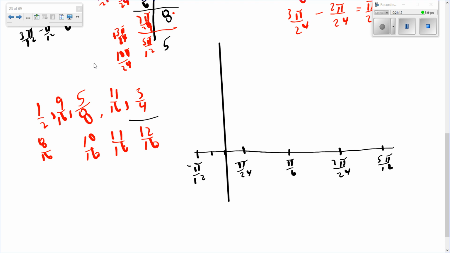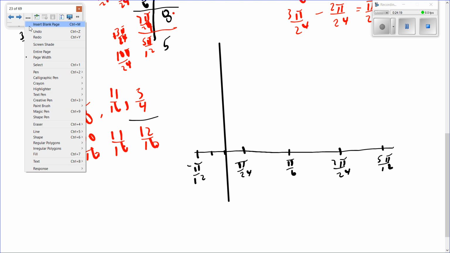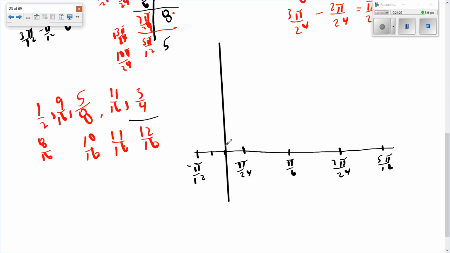Now the numbers on the y scale, if you remember, they went from 2 to 8. You can compress the y scale like we did the x if you wanted to, but you really don't have to here. You can go by 2s if you want.